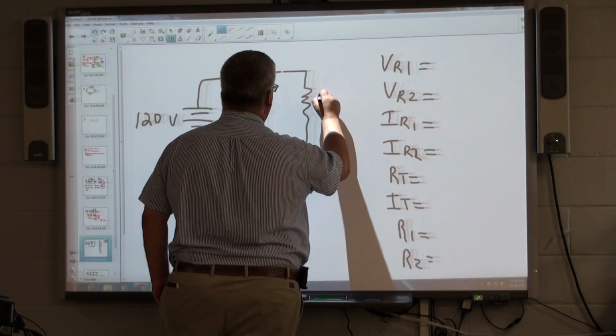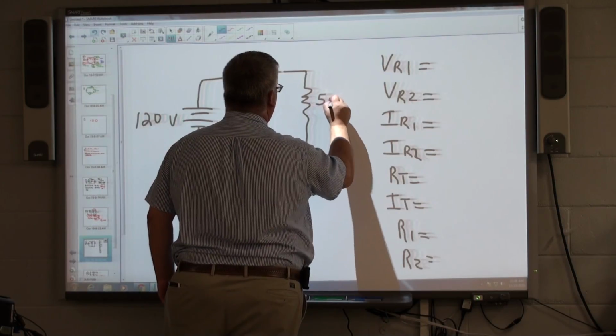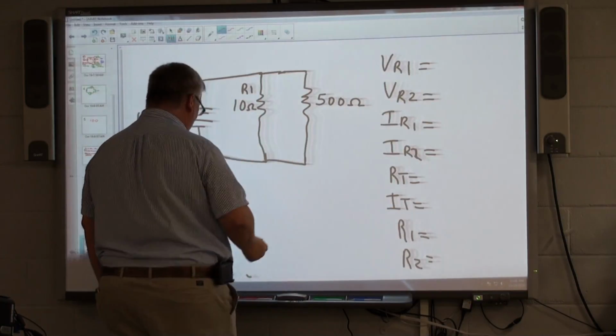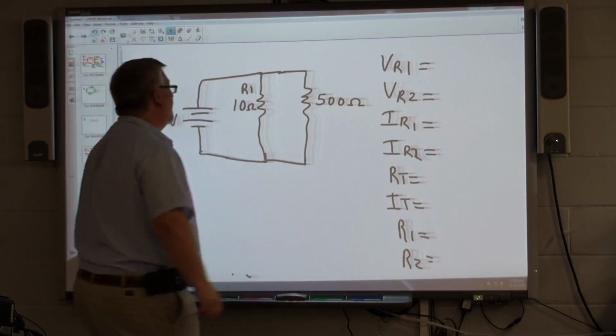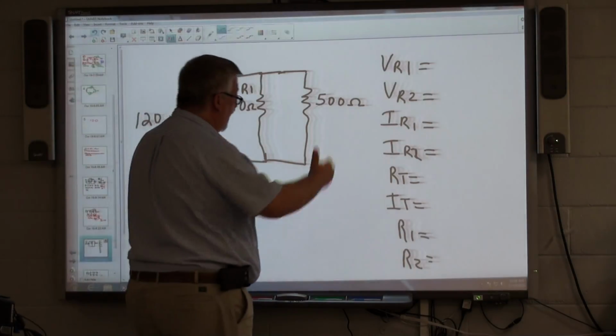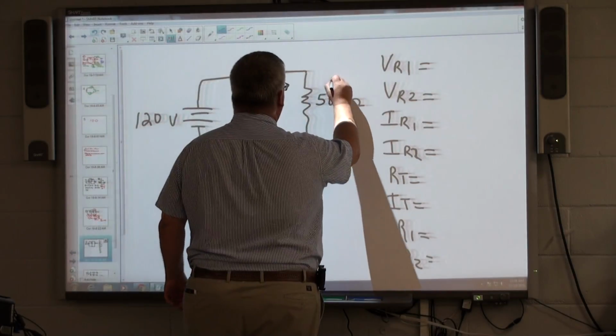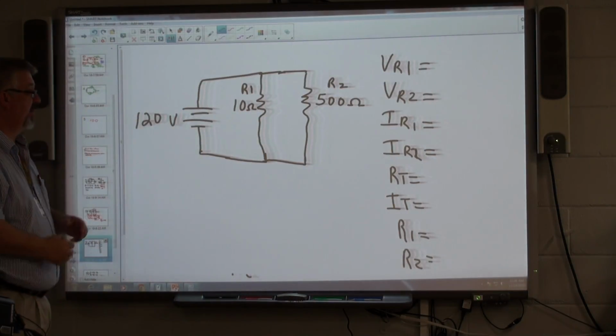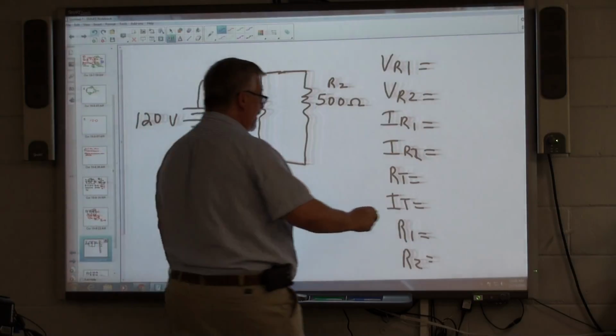Now this one's going to be 500 ohms. I'm just going to kind of leave it so we can fill it in. This will apply no matter what your givens are. So yeah, we could actually go ahead and populate those if we want to.